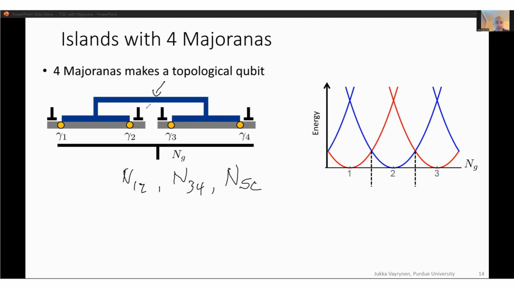That's what I mean when I say a short. So Cooper pairs can freely flow between left and right.